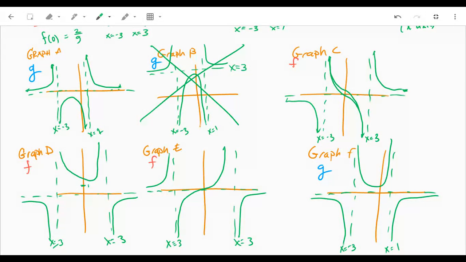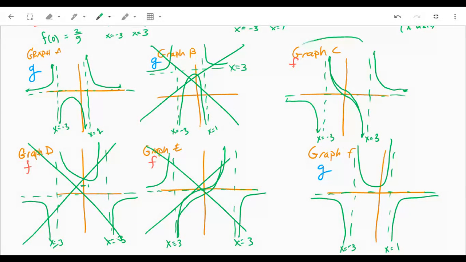This is 1. Okay, so we can eliminate graph D. All right, and then graph E, this is a little bit lower than 2/9. Okay, so that could not be graph F either. So definitely C is graph F.